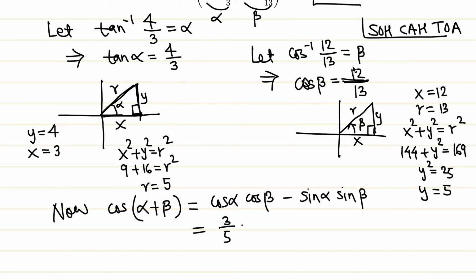In fact, cosine beta was given here, 12 over 13, minus sine alpha, y over r, that's 4 over 5, times sine beta, y over r, but in this triangle y is 5, r is 13.